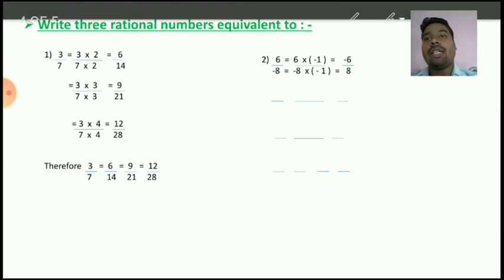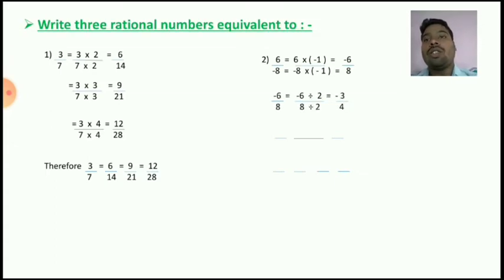For the second, I divide minus 6 divided by 8, both numerator and denominator, by 2. Minus 6 divided by 2 gives minus 3, and 8 divided by 2 gives 4. So the second equivalent rational number is minus 3 divided by 4.